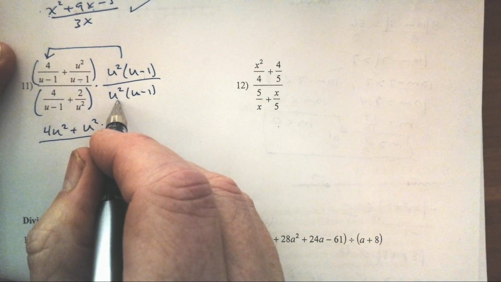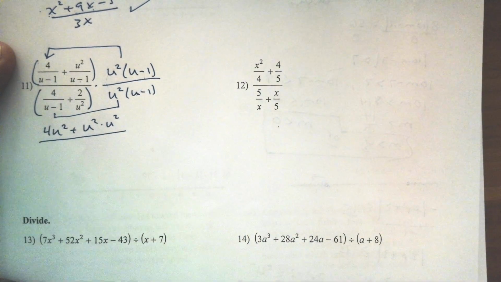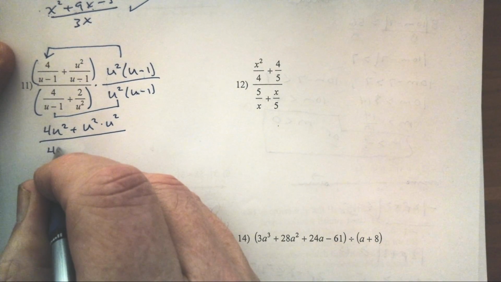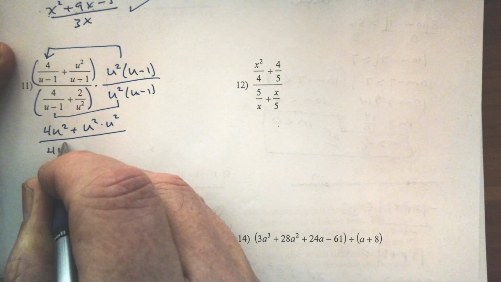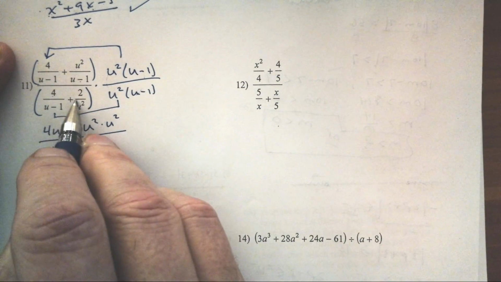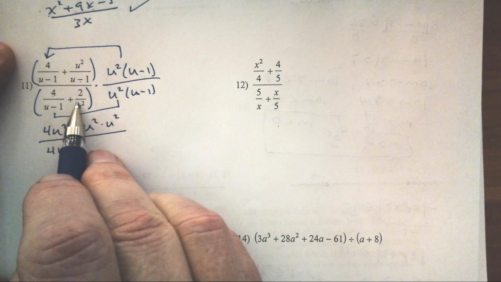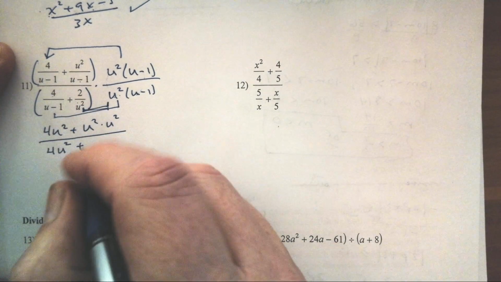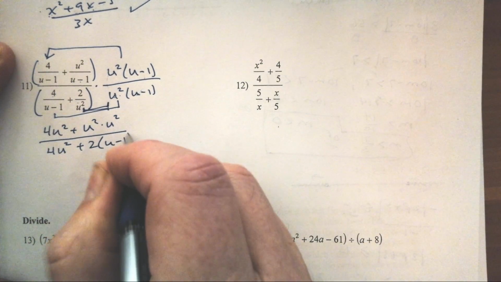When I distribute this, the u minus 1 cancels, and I get 4 times u squared. Plus, when I distribute to here, the u squareds cancel, and I get 2 times u minus 1.